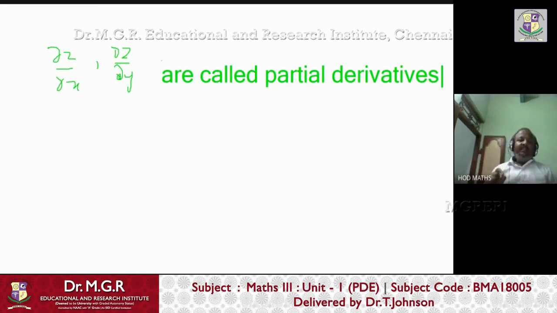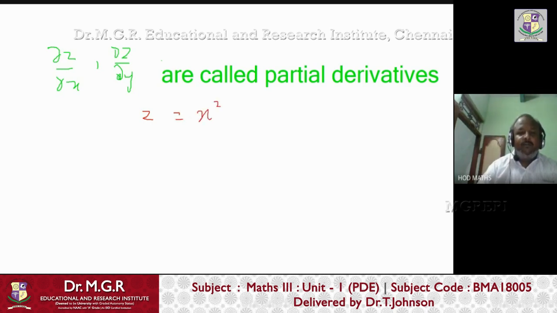So whenever we differentiate z with respect to x, we assume y is a constant, because you already know this from school. Whenever we do the partial differentiation, we have to keep y as a constant and differentiate only with respect to x. Similarly, if we differentiate with respect to y, we assume x as a constant. For example, take z equals x square plus y square.